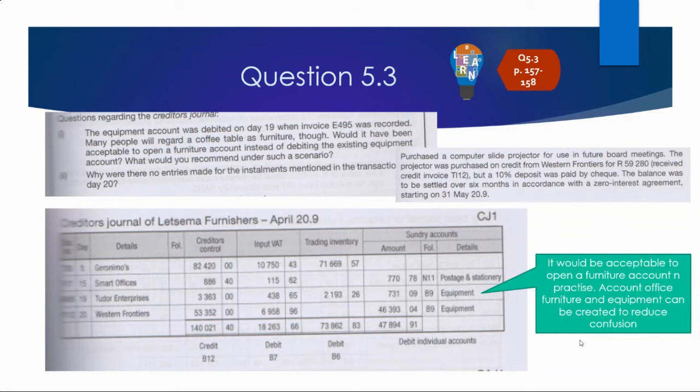Now, based on that, do we put any payments that we make in a creditors journal? What transactions do we account in our creditors journal? What did I say?